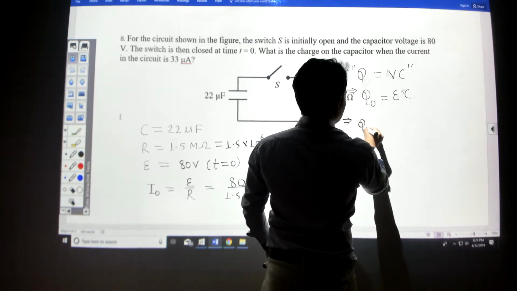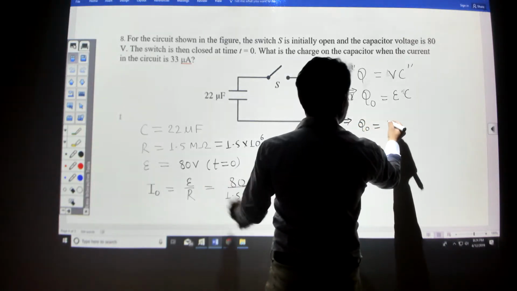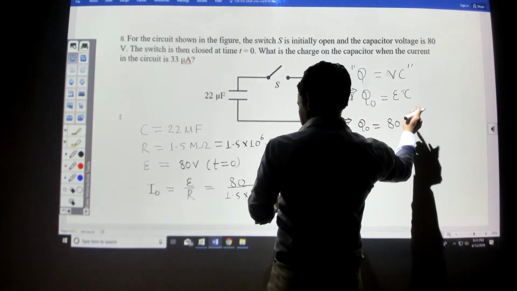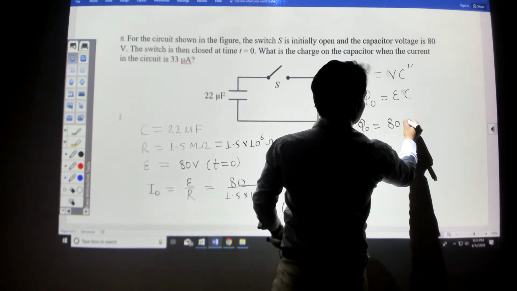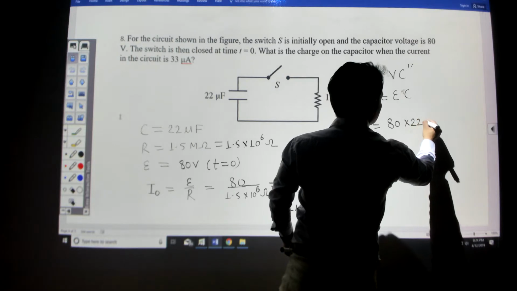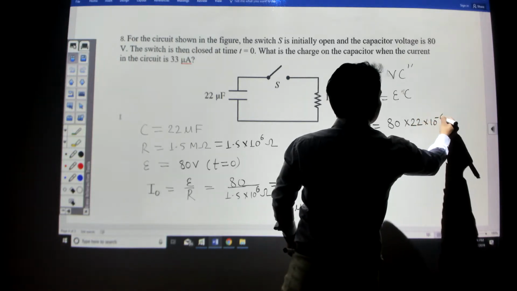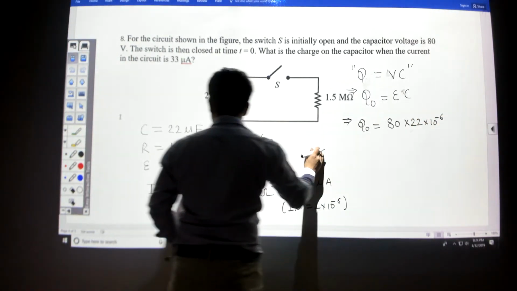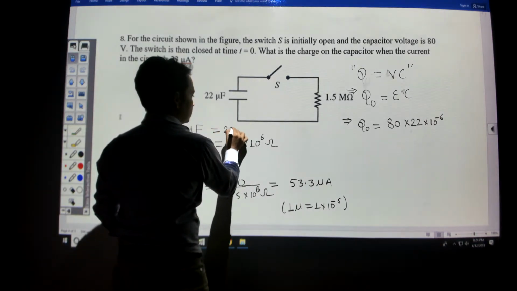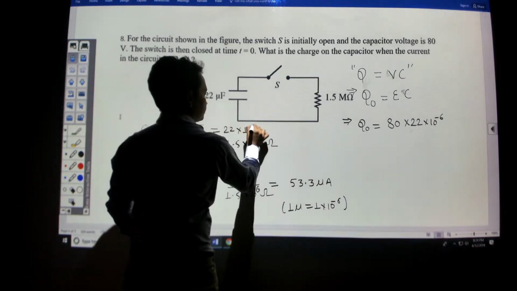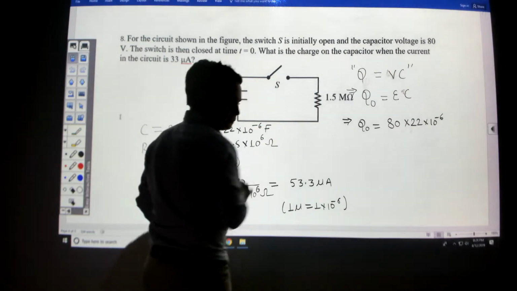So this value is 80 volt, and the C is 22 microfarad, 22 times 10 to the negative 6. Whenever I say microfarad, this means 22 times 10 to the negative 6 farad.